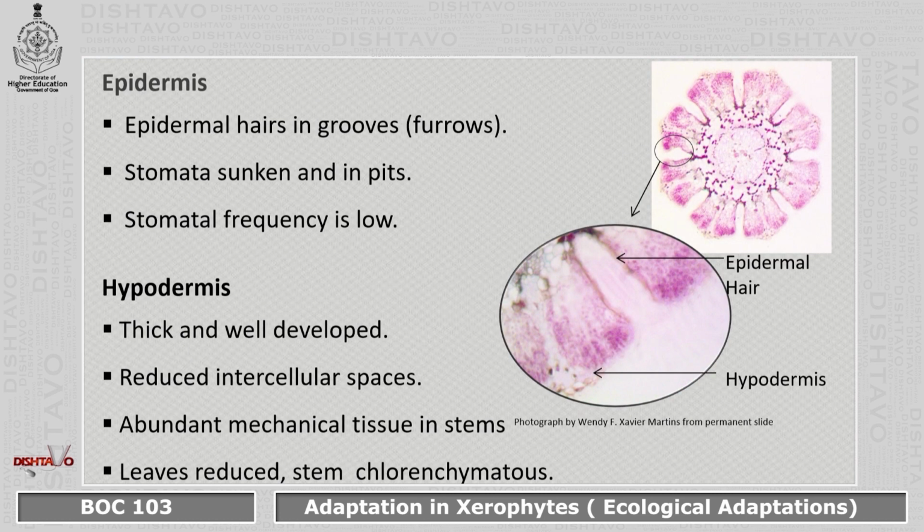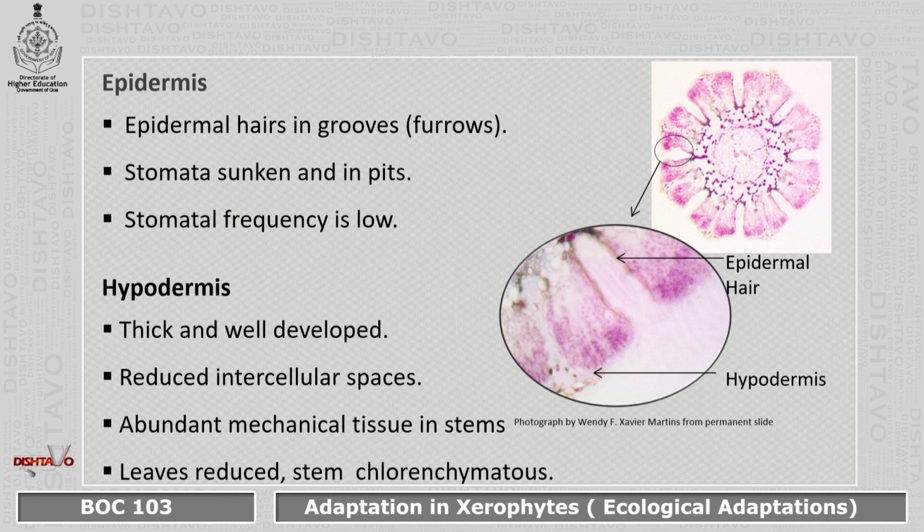In the epidermis of Equisetum, we may have the presence of ridges and furrows, and it is in these furrows that hair-like structures may be present. The stomata are present in sunken pits in the furrowed region. Even the frequency of the stomata is low.